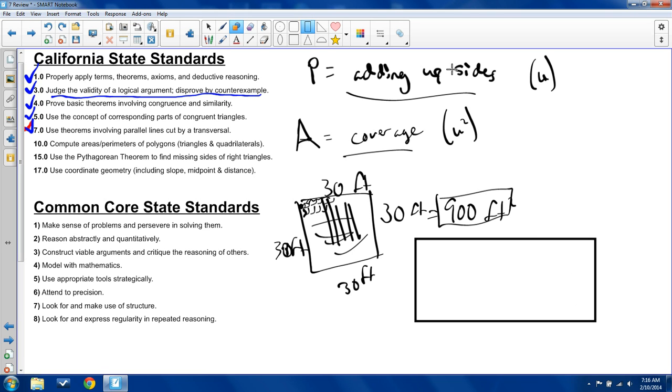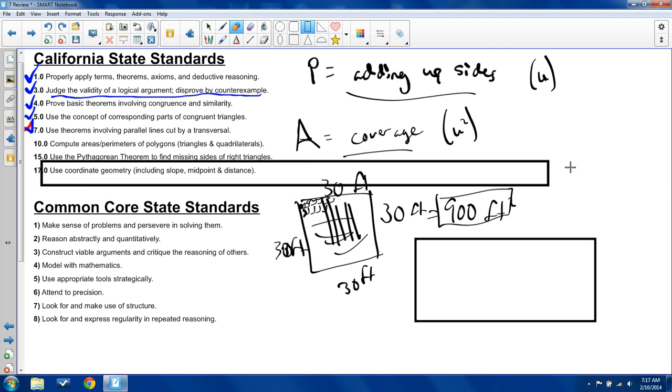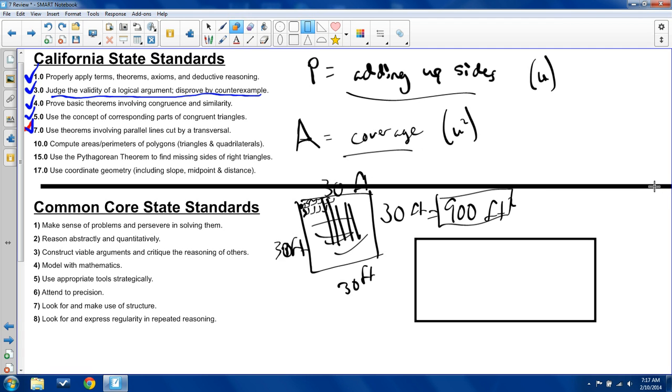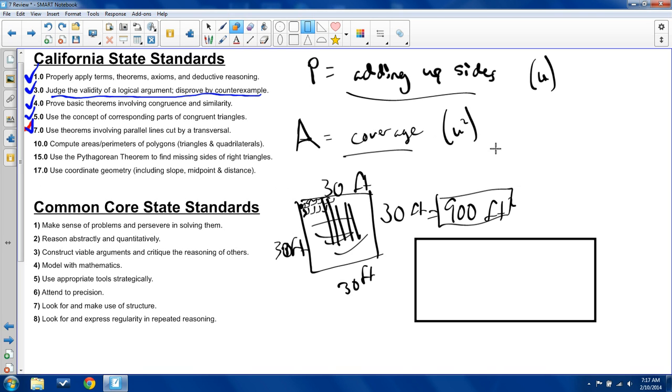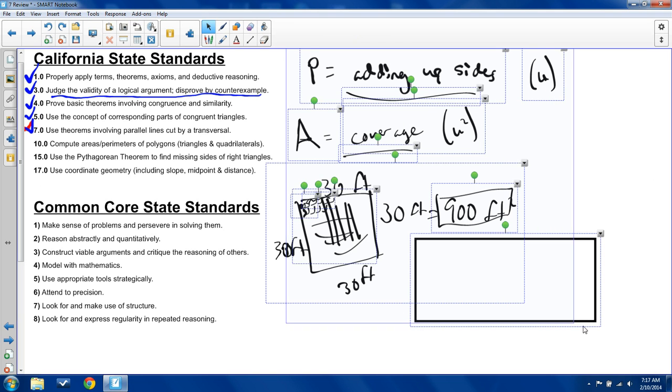So the big difference between units and square units is there. If I just said 900 feet, that would be taking 900 feet and going out this way. And we don't want to look at it like that. We just want to call them square feet, saying we're talking about coverage overall. Now, it's not always in squares just because it's 30 by 30.